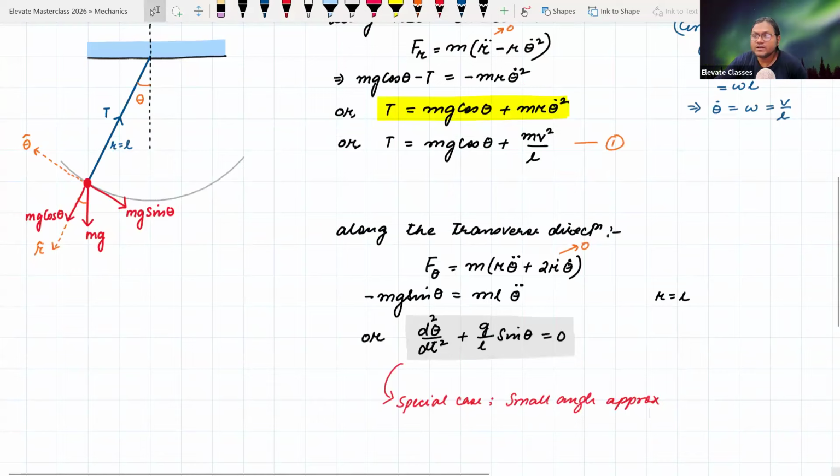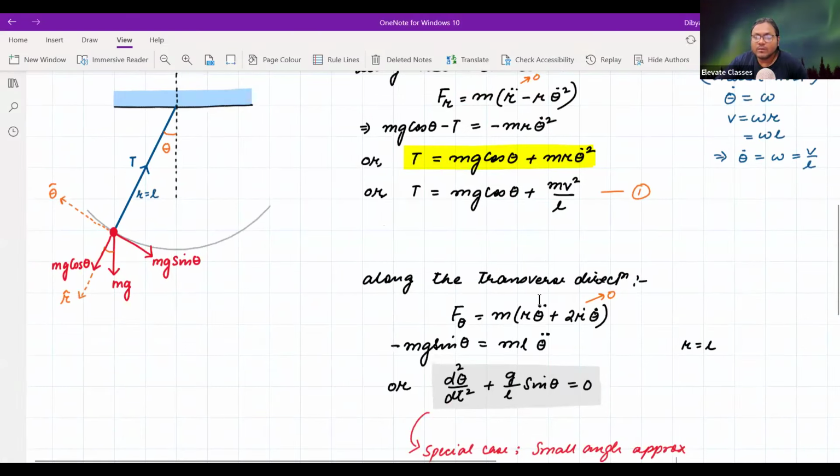I have a question in the chat. Question, so there's one doubt, mg cos theta minus T should be 0 since the pendulum ball isn't going radially outwards. No, no, it's circular motion.